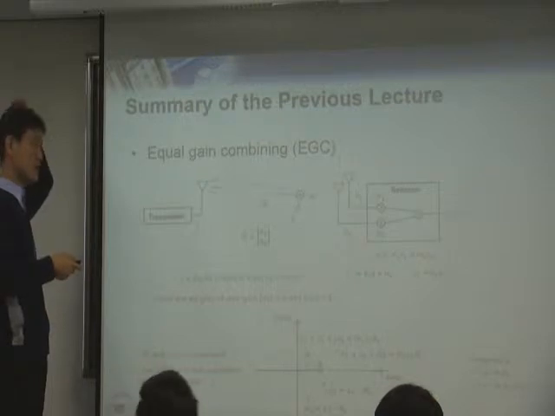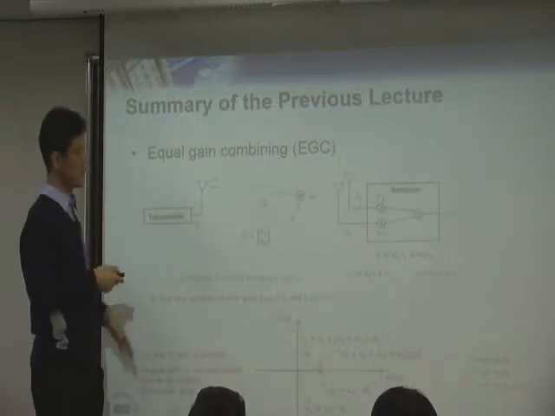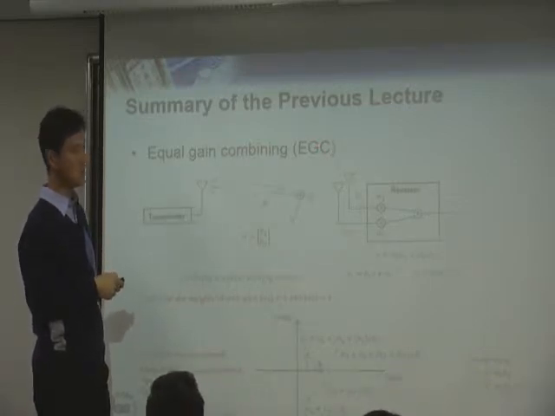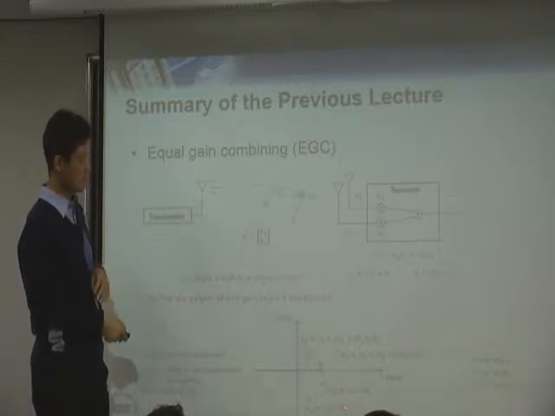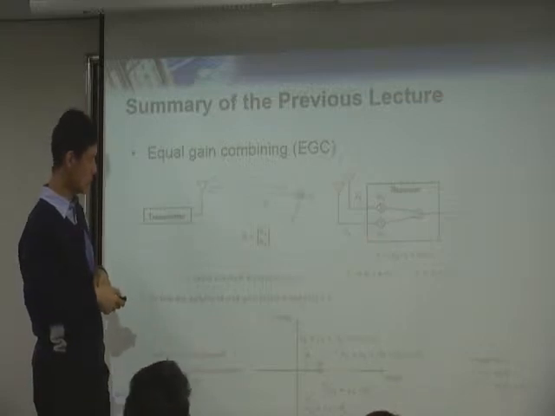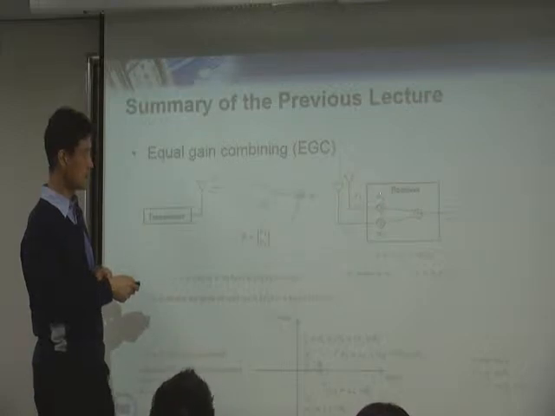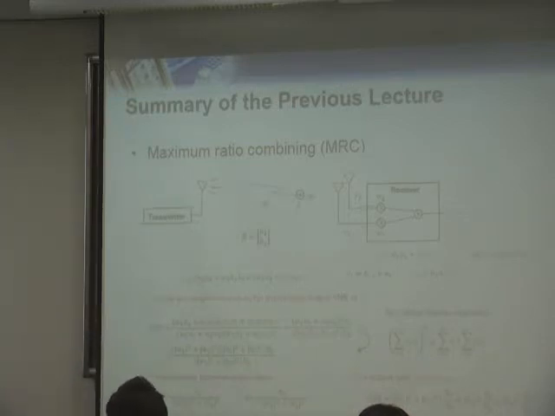Equal gain combining is another one. This is not that popular. The only difference between equal gain combining and the previous maximum ratio combining is that W1 and W2 now have a size of 1. If you go back to the MRC case, W1 is H1 complex conjugate divided by this one.